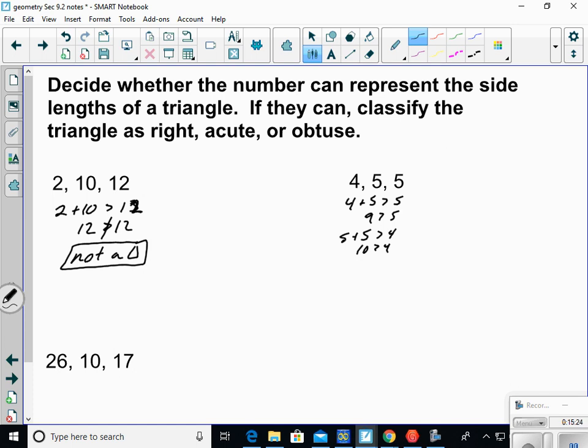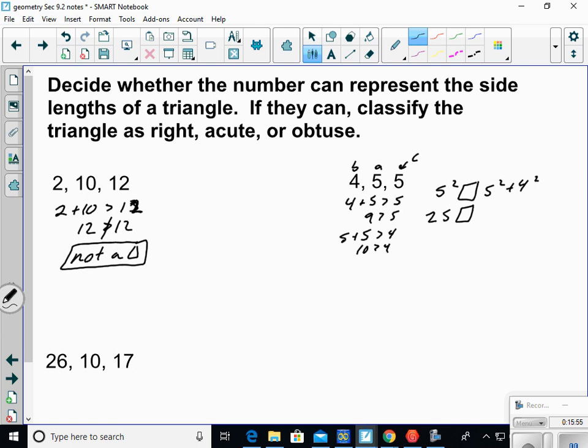So now we want to figure out what kind of triangle. Now we have two sides that are considered the longest side, so we're just going to pick one of them and call it C. So I'm going to call that C, A, and B. So 5 squared. I'm just going to put a box here because we want to compare. We don't know whether it's equal, greater than, or less than right now. 5 squared plus 4 squared. 5 squared is 25.